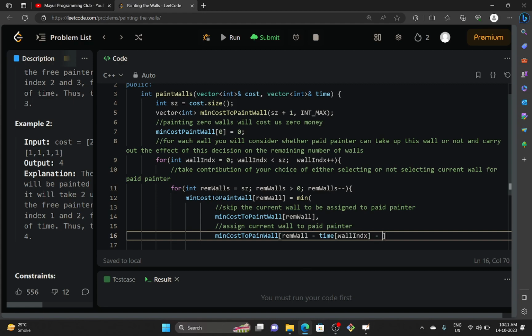And so in this time these number of walls will be painted by the free painter and one wall will be painted by the paid painter. Okay. I should write this for explanation also.